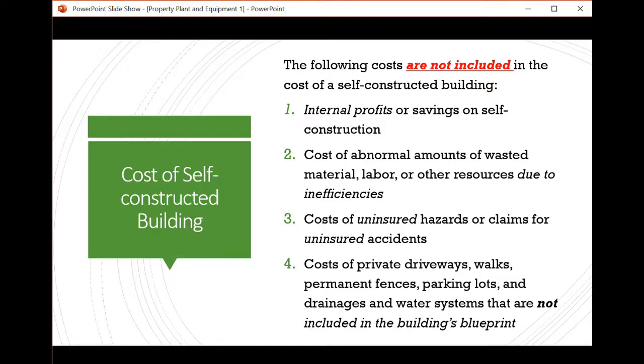So, kani, if these are included in the blueprint sa plano sa building, apil na siya daan, so ma-include na siya sa building. Pero pag wala na siya sa plano, o nakita nimo nga nindot lagi ni siya butangan og parking lot, kidako pag space, magbutang kog parking lot, so katong parking lot, dili to siya apil sa building. That would be part of the improvements. So, ibutang na siya sa land improvements.